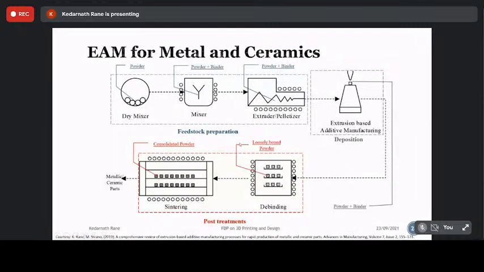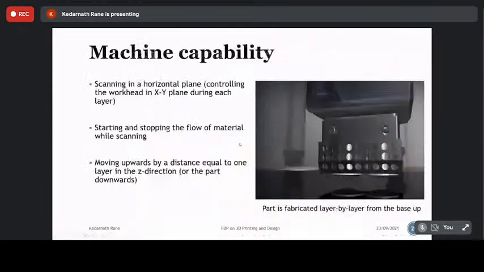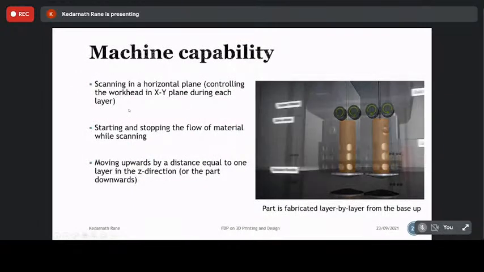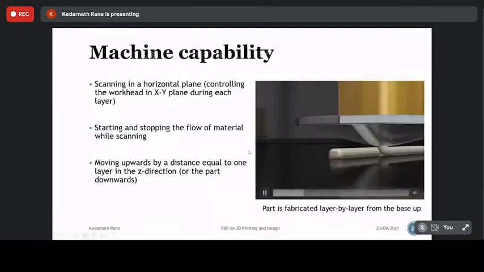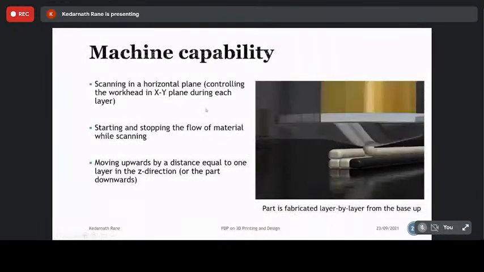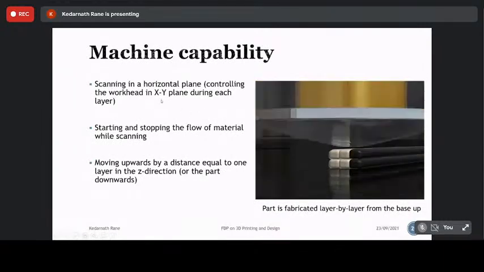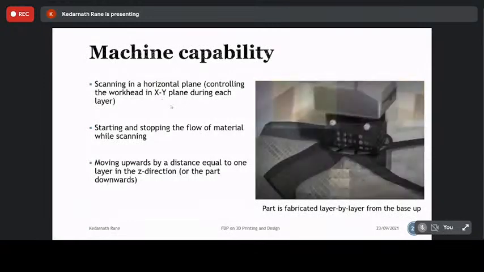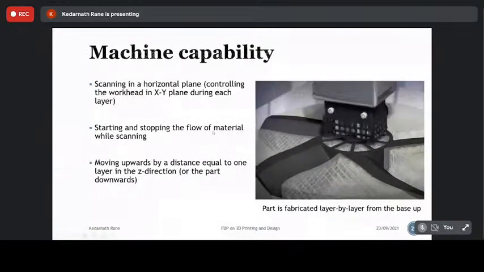So let's dive more into the EM process now. We require a machine which should scan in the horizontal plane, but again, this is limited to the Cartesian system. We will see other systems as well. The typical control is happening in the XY plane for this kind of system.